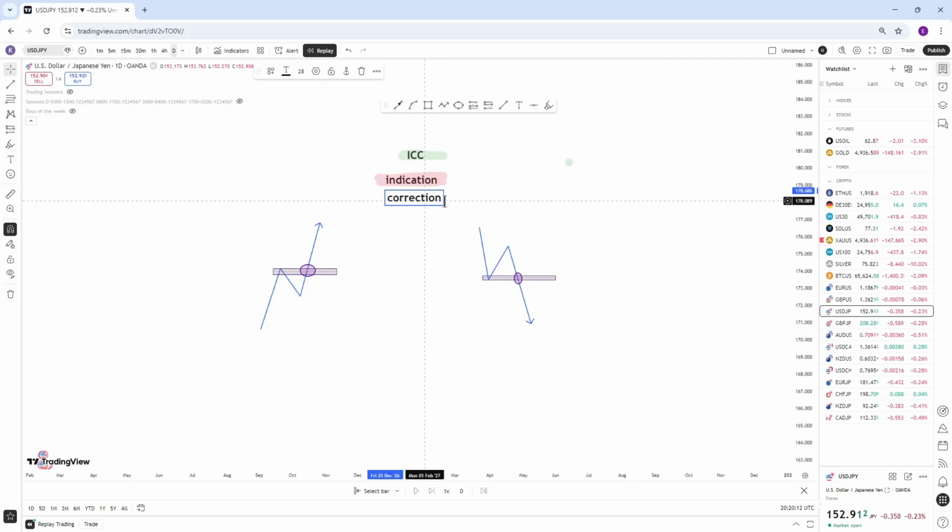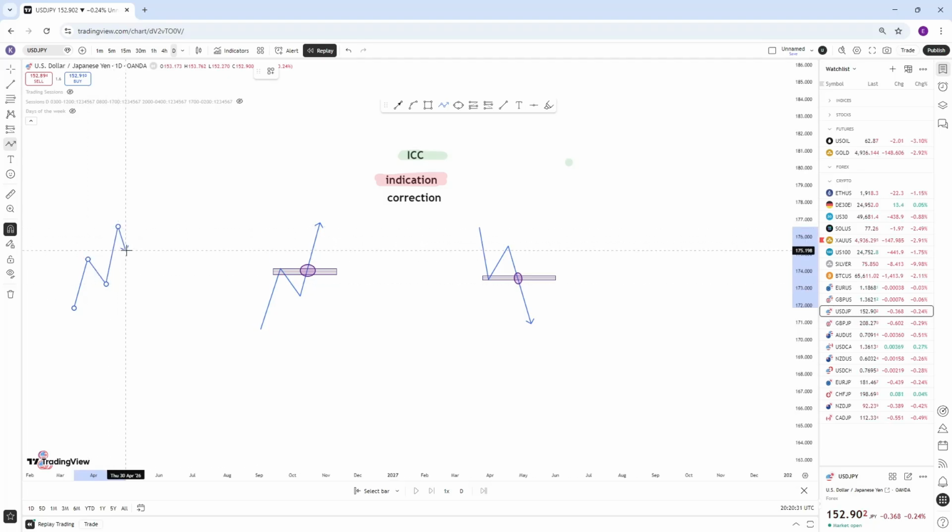So after indication, what happens? If you know how the market moves from the market structure we learned in the first episode, the market moves, let's say it's an uptrend. An uptrend is higher highs and higher lows.